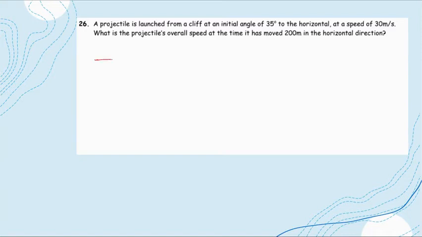So you have a projectile that has been launched at 30 meters per second, at a 35-degree angle. So I need to immediately split this into my x, or my horizontal, and my y, or my vertical, okay?